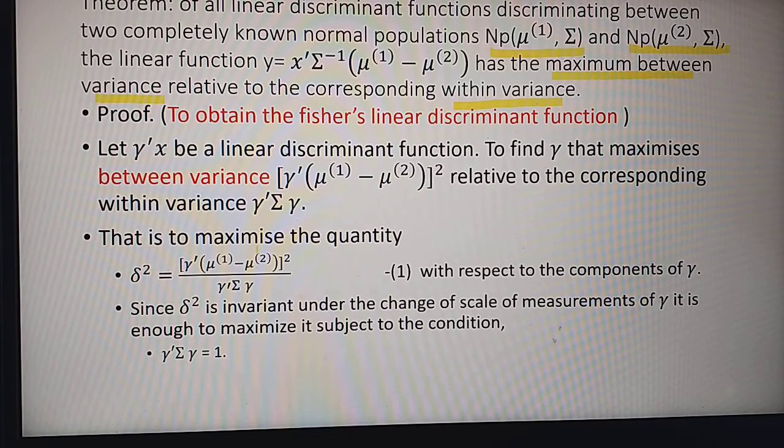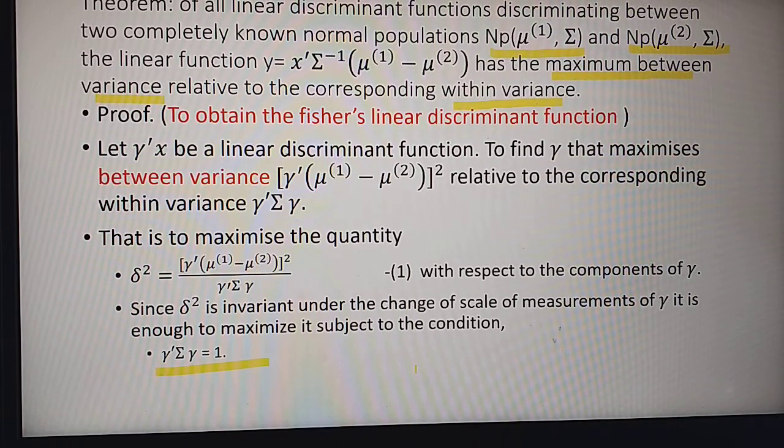That is to maximize this quantity delta square with respect to the components of gamma. Now since delta square is invariant under the change of scale of measurements of gamma, it is enough to maximize it subject to the condition gamma prime sigma gamma = 1.